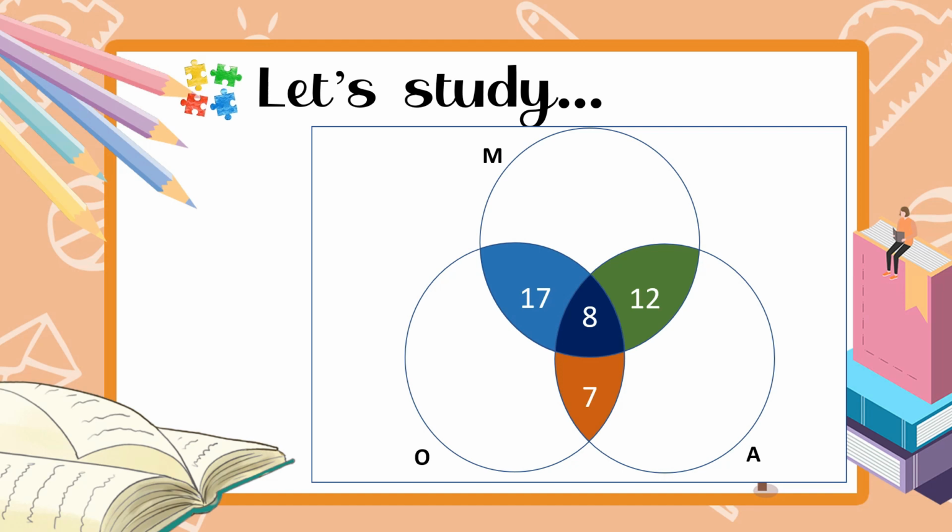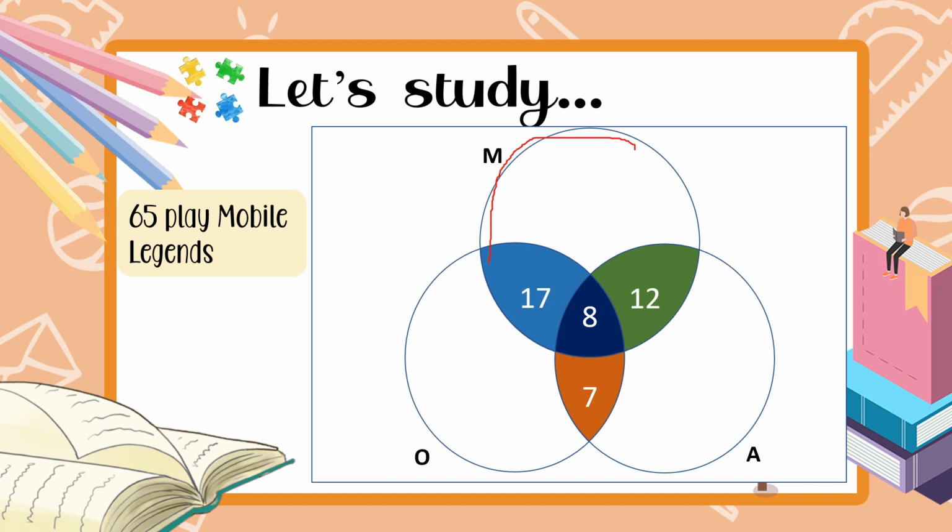So, let's continue. The next one is, okay, we have 65 who play Mobile Legends. So, this circle here is the set of youngsters who play Mobile Legends. So, meron na tayo ditong 17, 8, and 12 na youngsters. So, what we're going to do is to subtract it from 65.